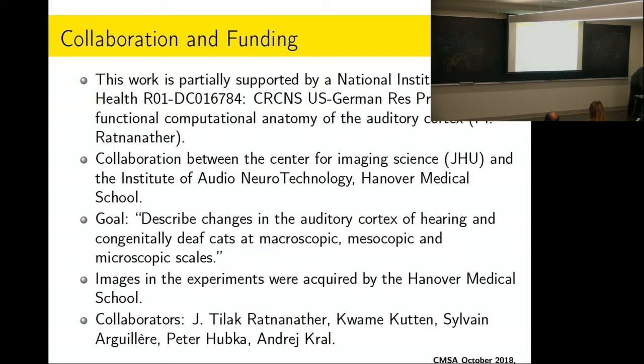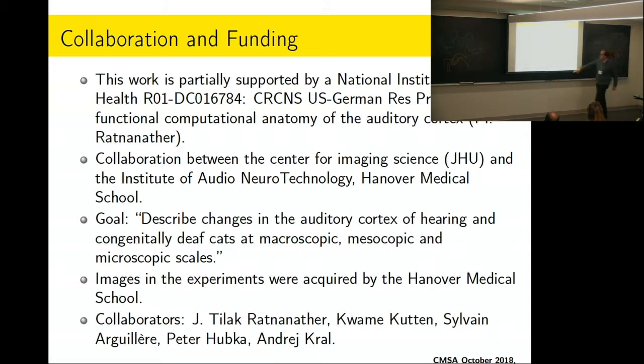So just a slide about who are these people who know what it's about. This is joint work with the CIS group, Center for Imaging Science at Hopkins.